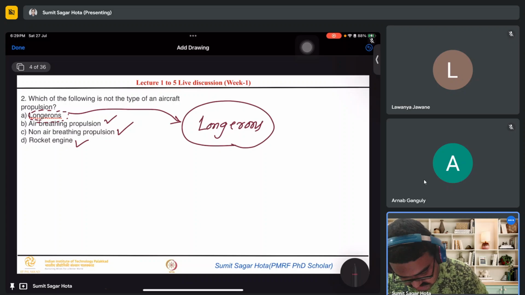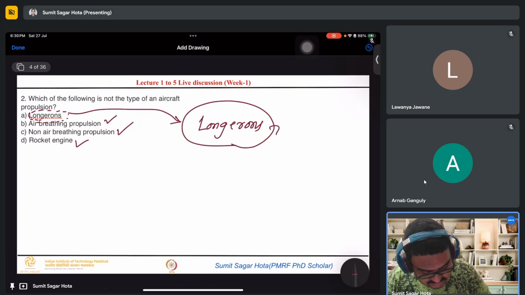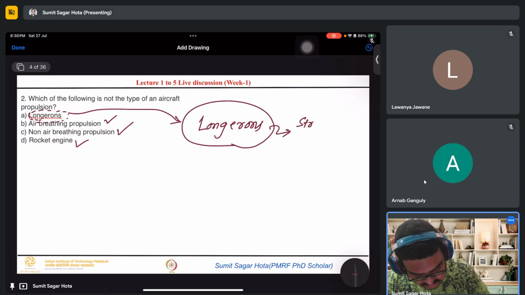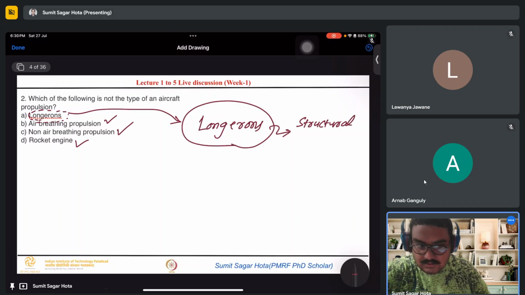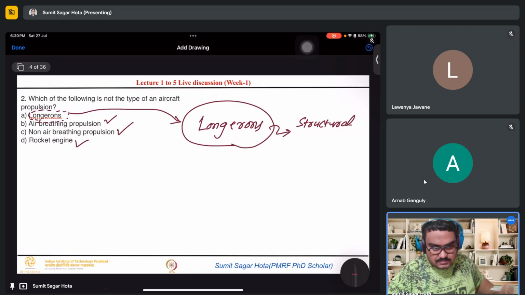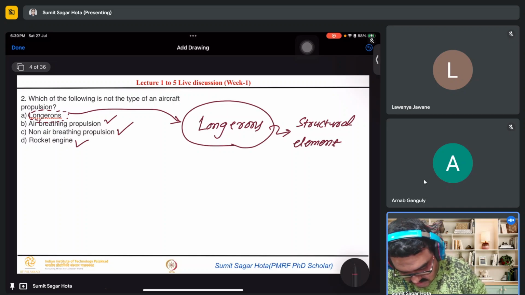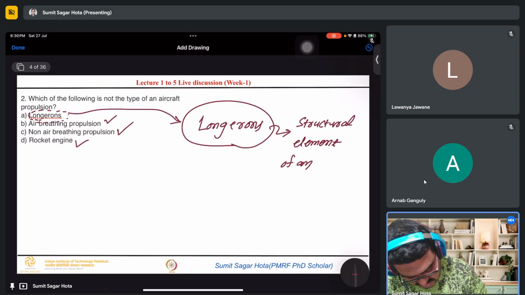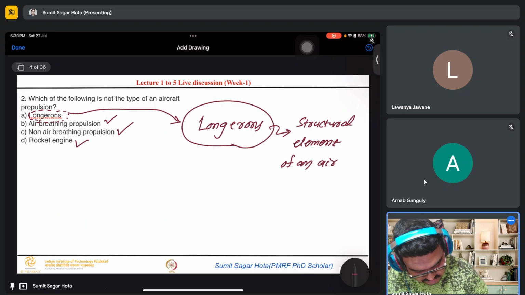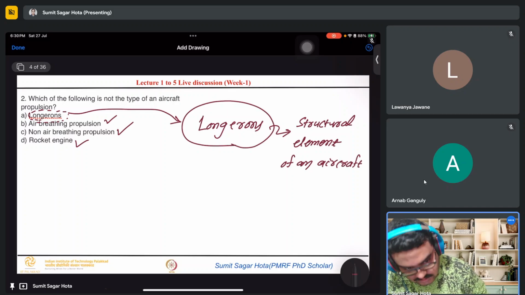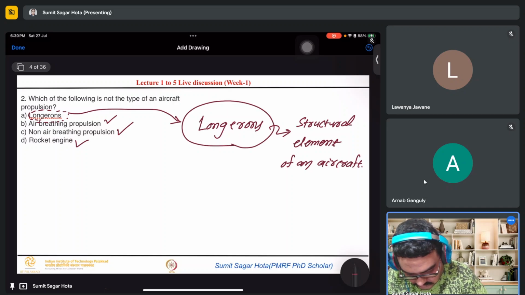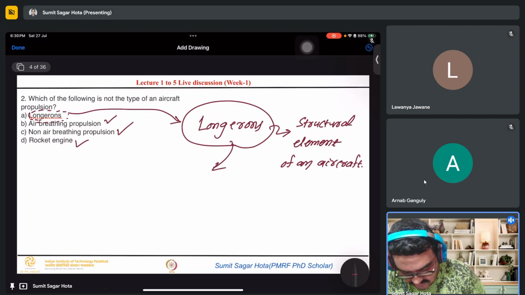The longeron is a structural element of an aircraft. What does it help with? In any kind of aircraft, it prevents bending.